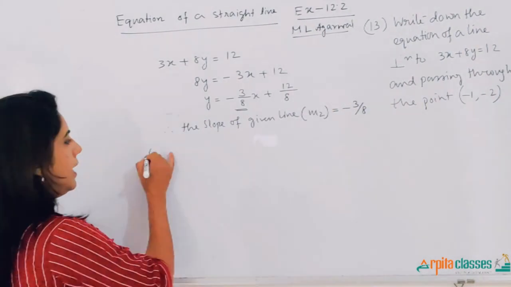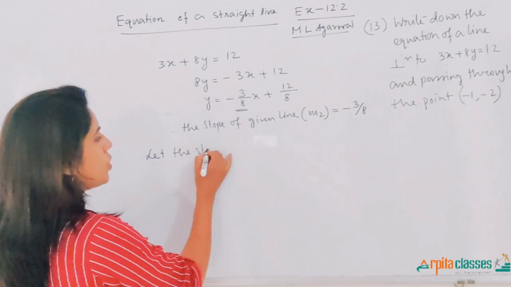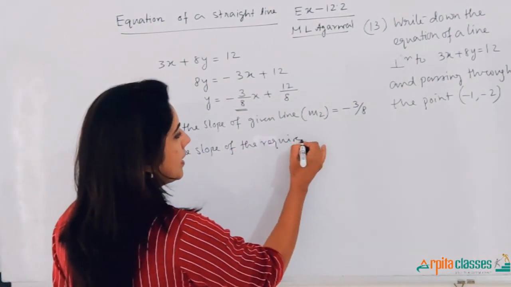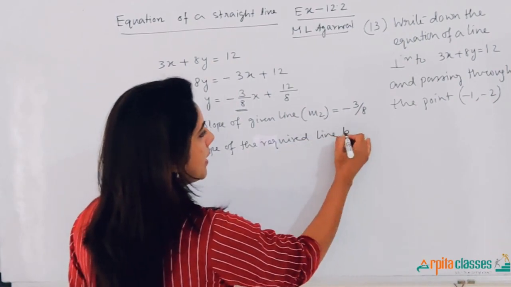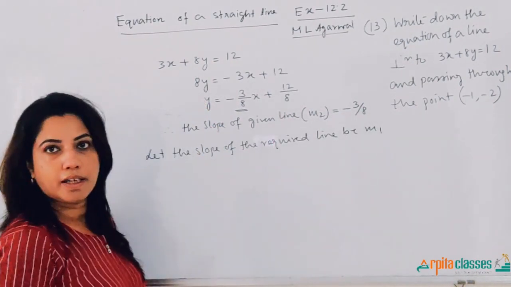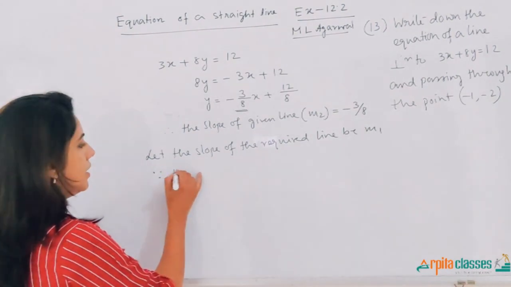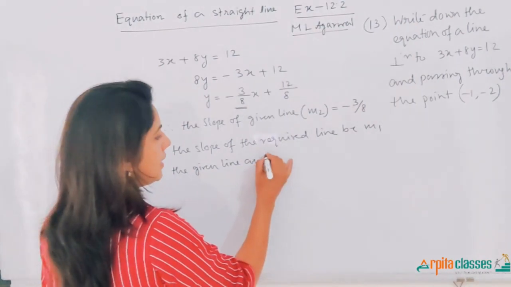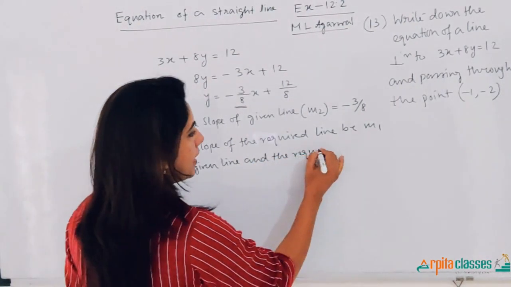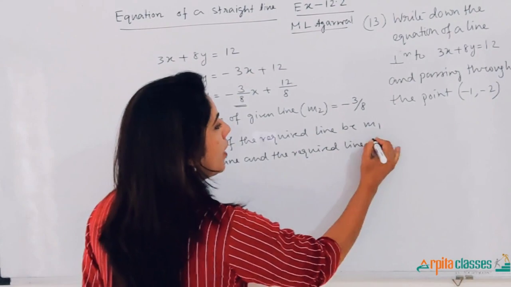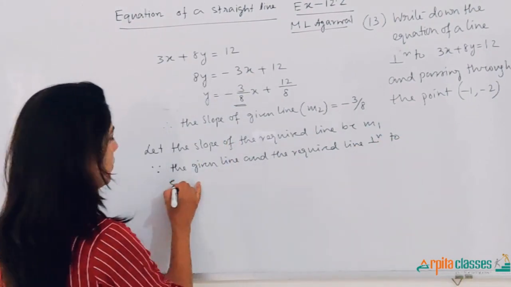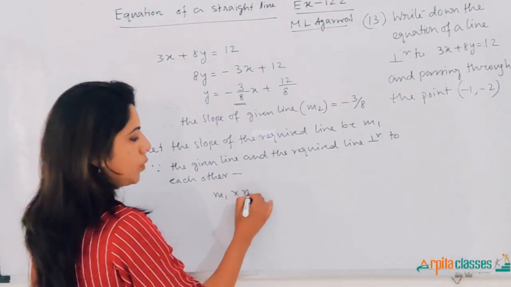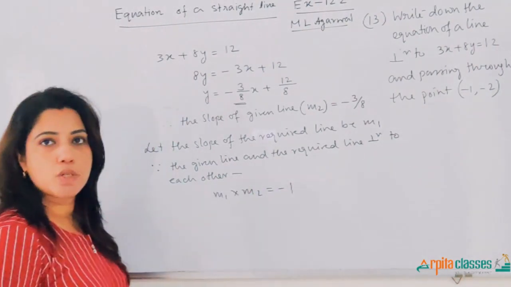Okay? Let the slope of the required line be m1. Right? Now, since the given line and the required line are perpendicular to each other, we have the criteria m1 into m2 is equal to minus 1.